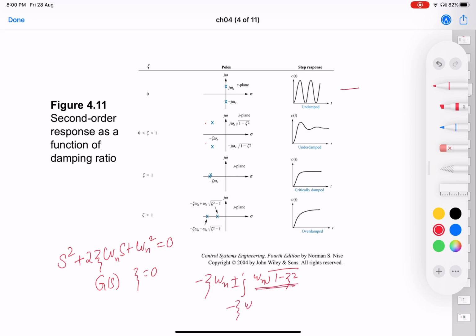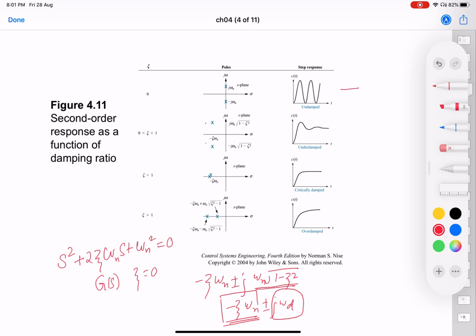So minus zeta omega n plus minus j omega d. Then the response would be underdamped. There would be oscillations. The frequency of the oscillations would be determined by the imaginary component, and the exponential decay would be determined by the real part, that is minus zeta omega n.